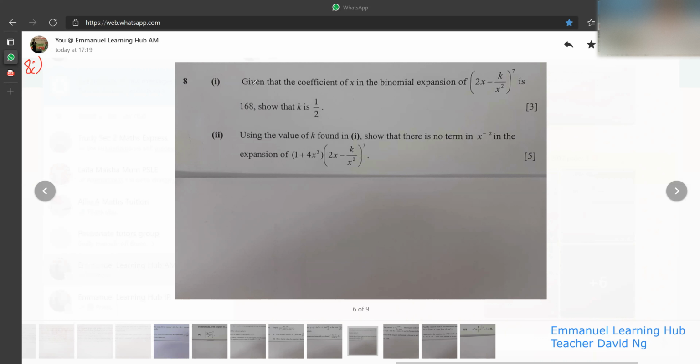Given that the coefficient of x in the binomial expression 2x minus k over x squared, power 7, is 168, show that k is half. So the coefficient of x in the binomial expression. Let's get the general formula of the above expression first. GF stands for general formula.